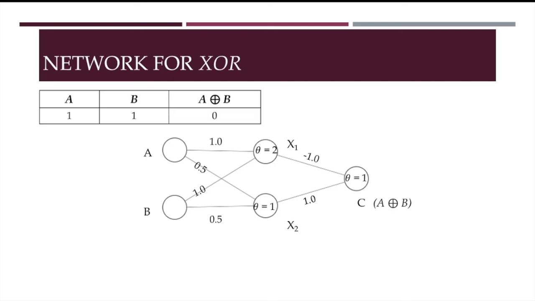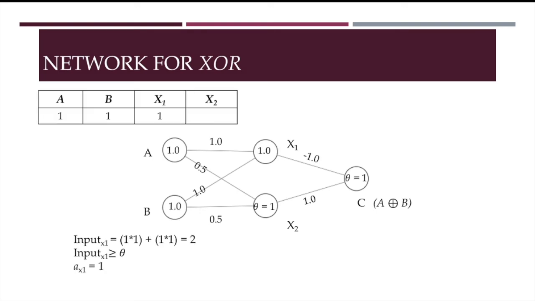So let's test it in the first case. When A and B are true, A XOR B should be false, right? Should be 0. And indeed, let's see what happens to the hidden layers. In the case of x1, its net input would be 2, and that is at least as large as the threshold.